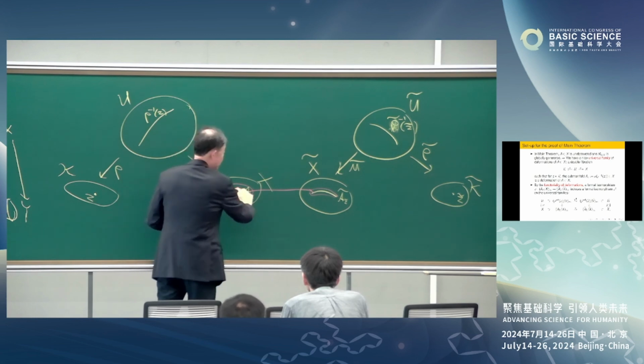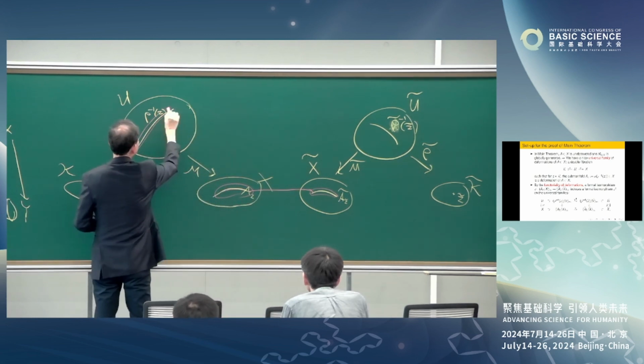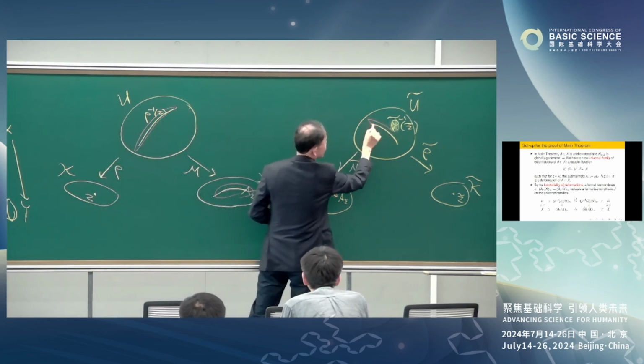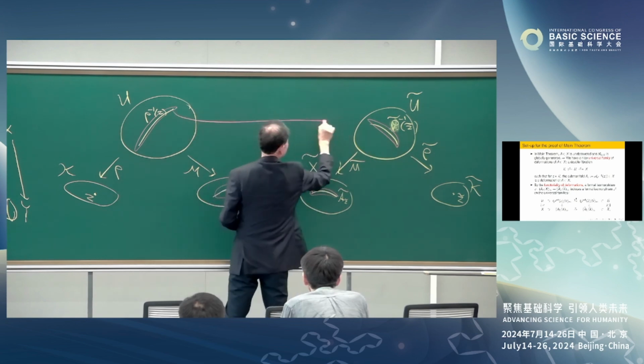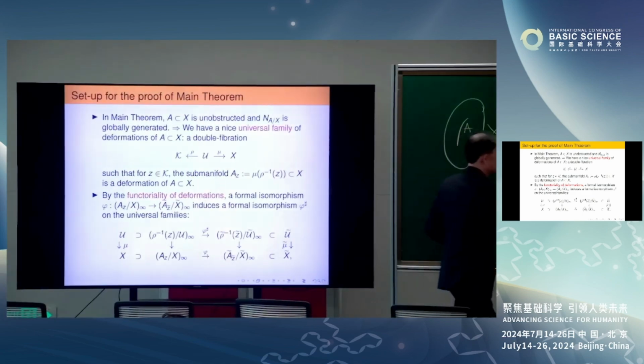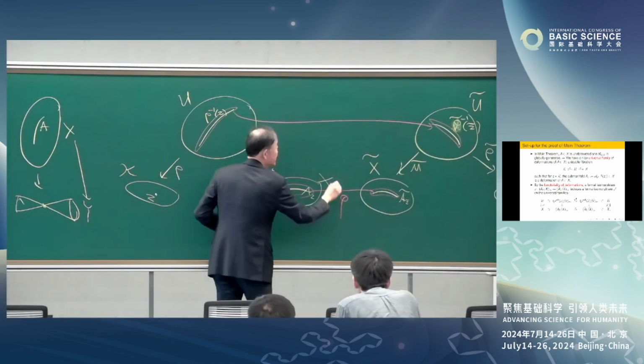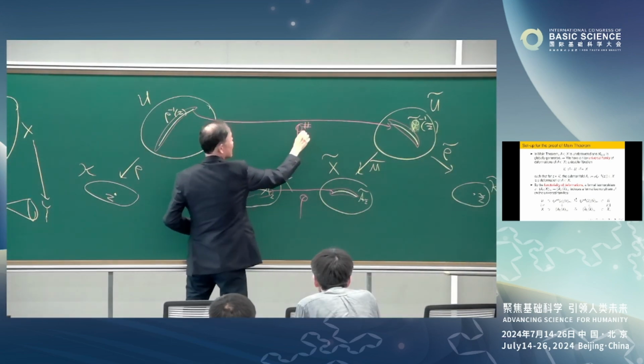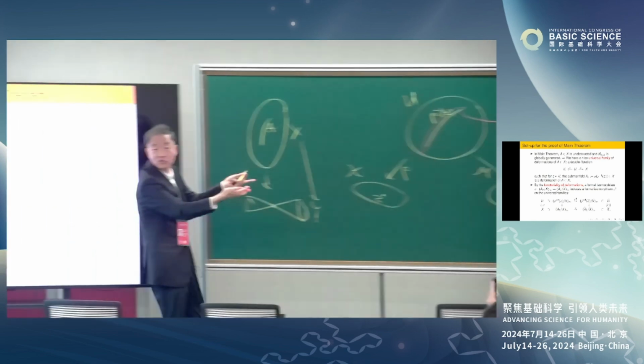Any formal isomorphism can be lifted to a formal isomorphism between these universal families, because the construction is functorial.